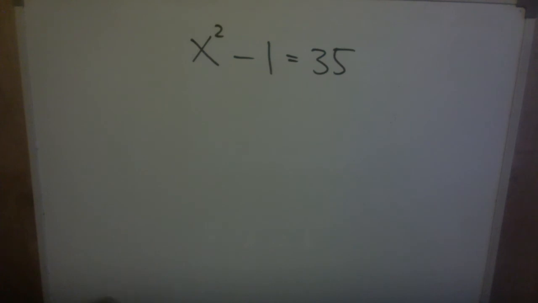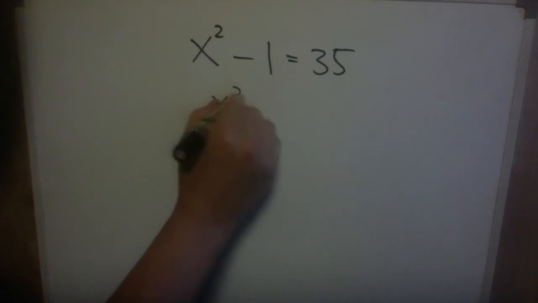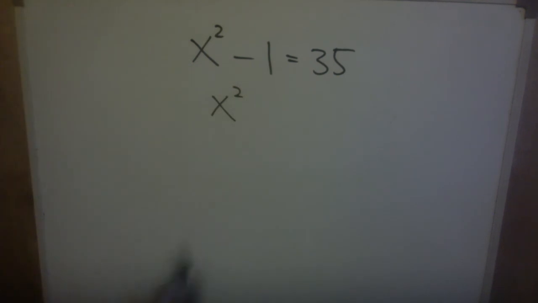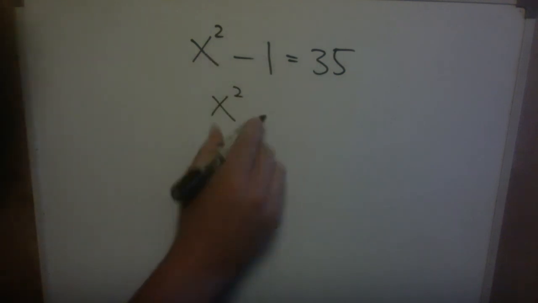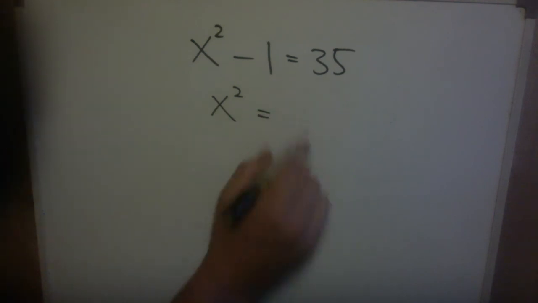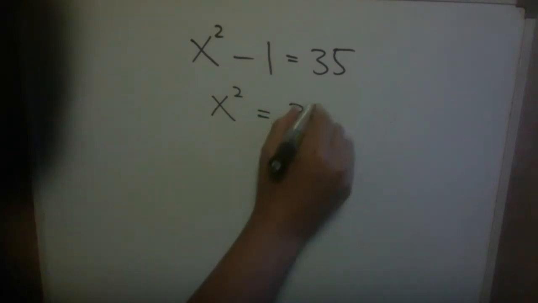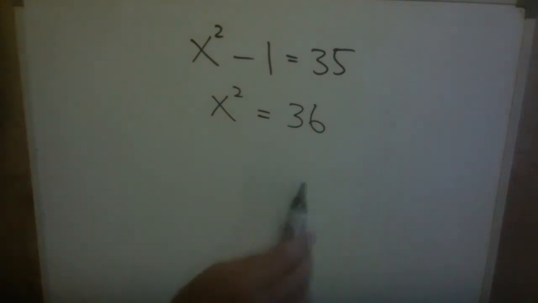So x squared is the only x squared term, so that's on the left-hand side. Then minus 1 goes to the other side, so that becomes plus 1. So we have 35 plus 1, which is 36.